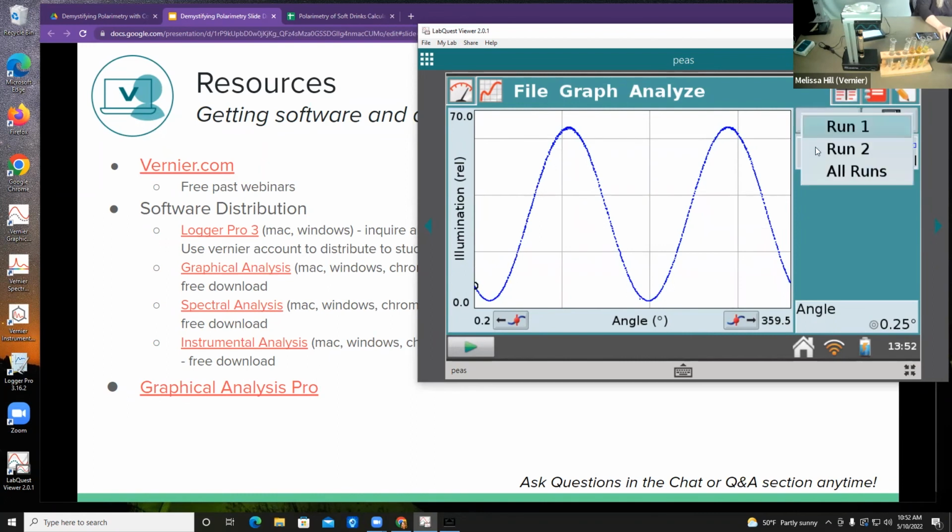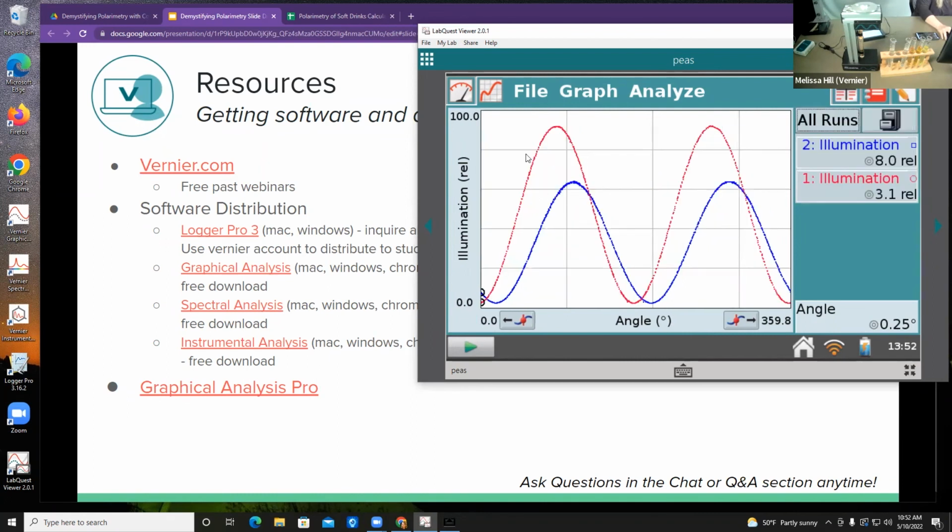But I can do that up here, all runs. So that's my water. And now my sucrose is clearly shifted right. Do the cosine squared, do the subtraction, and then I get my observed optical rotation from it. So that is the demo of the chemical polarimeter.